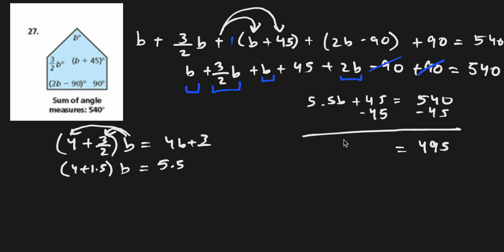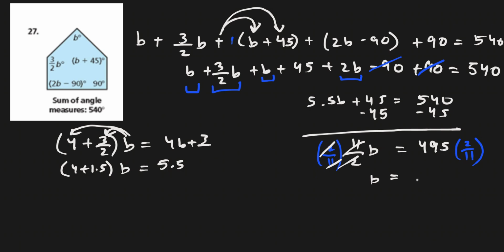Anyway, this becomes 11/2 B. We can do this in 2 steps, or in 1 step. I'll do it in 1 step. We multiply both sides by 2 over 11. Why are we doing this? Because the 2's will cancel and the 11's will cancel, and we'll just have 1 times B, which is B. Then 495 times 2 over 11.